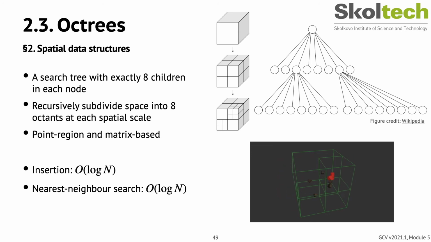Nearest neighbor search in an octree takes only a logarithm of the number of voxels in each dimension, and insertion, which maintains the octree as you add more data, also takes a logarithm. This makes it a very efficient data structure for indexing spatial data.